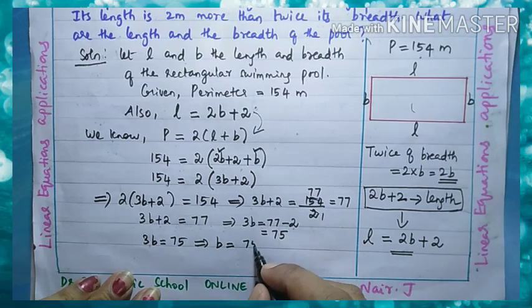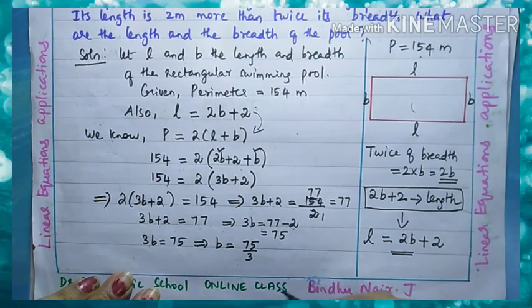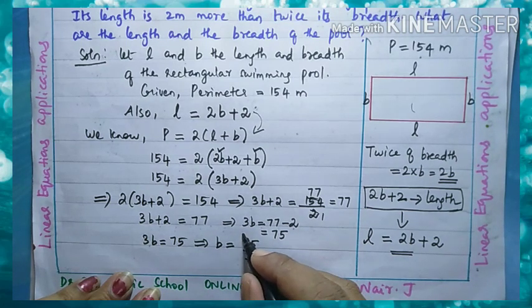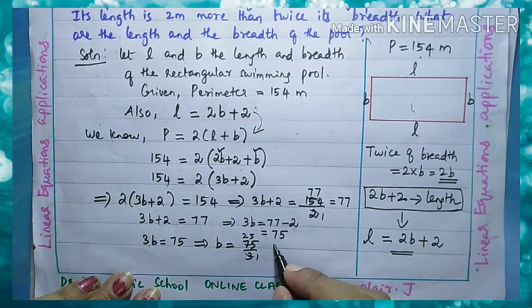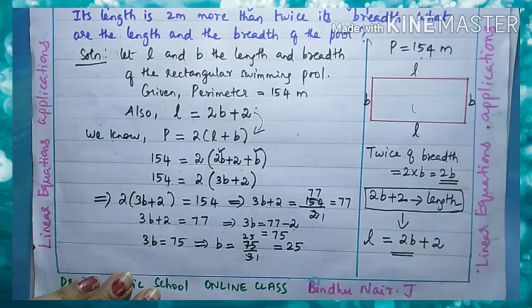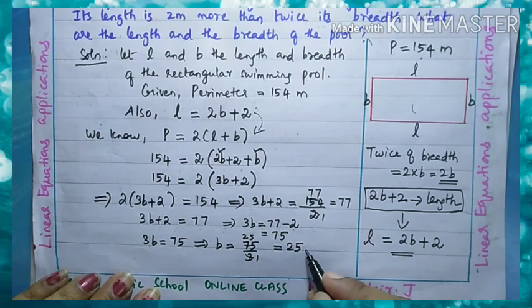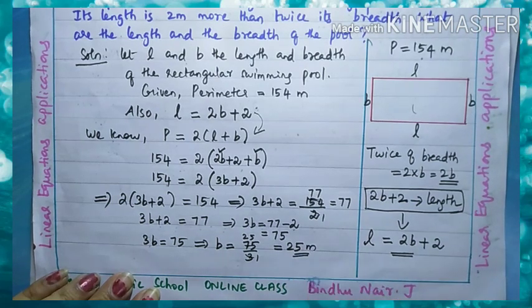So 75 by 3. Reduce 75 by 3: 1 3 is 3, 2 3s are 6, 5 3s are 15. So that is 25. What is this 25? It is b, the breadth. Thus we got breadth equal to 25 meters.